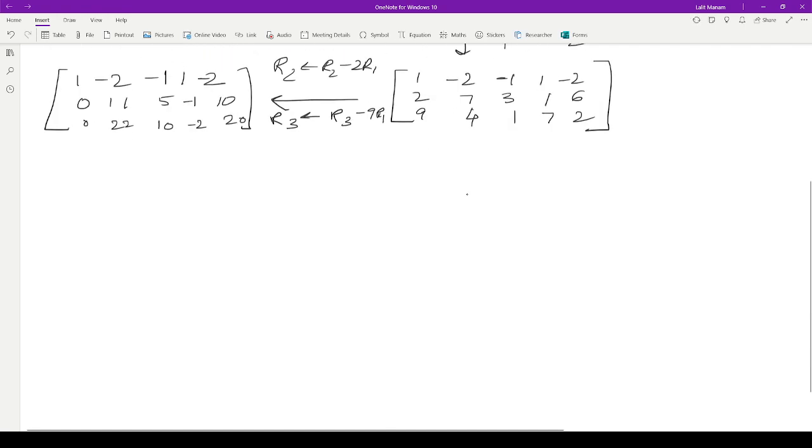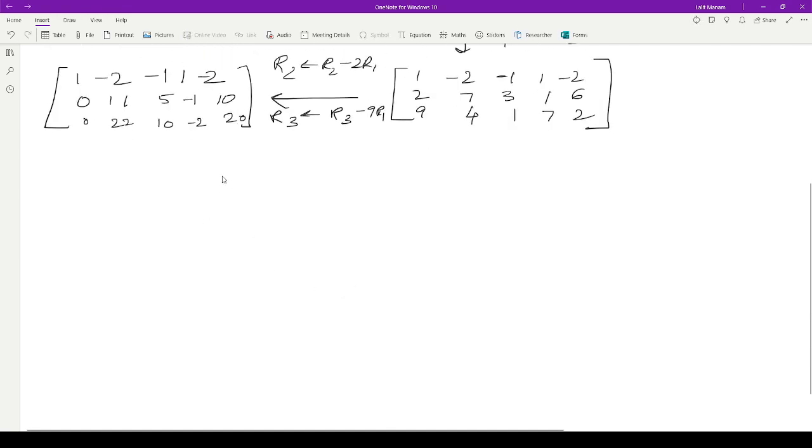Okay, and then further we reduce the third row like this.